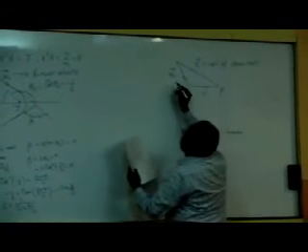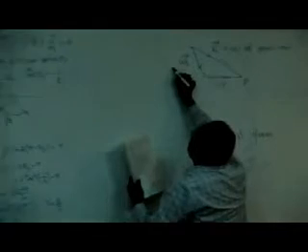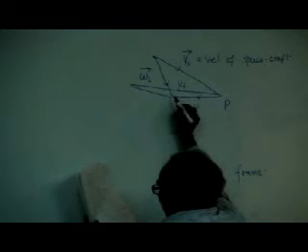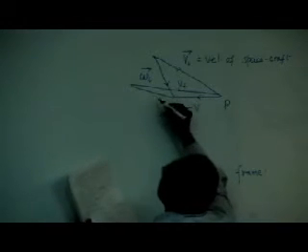Now, this is my omega i. I do the same thing for my omega f. So I draw my vf vector like that, and actually omega f I have to draw like that.